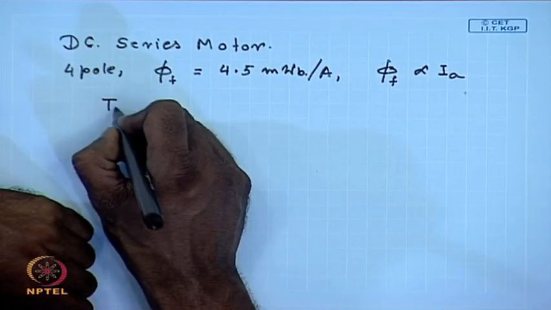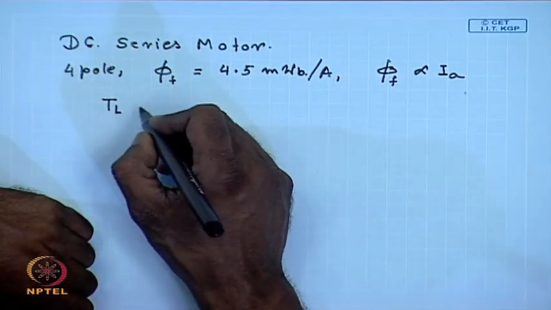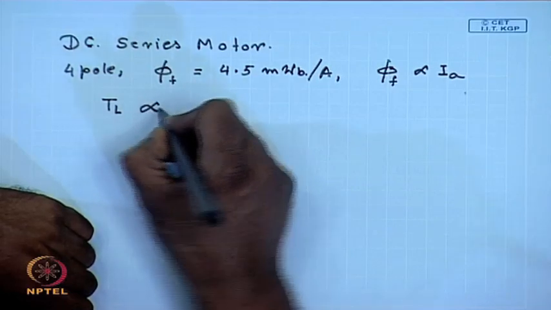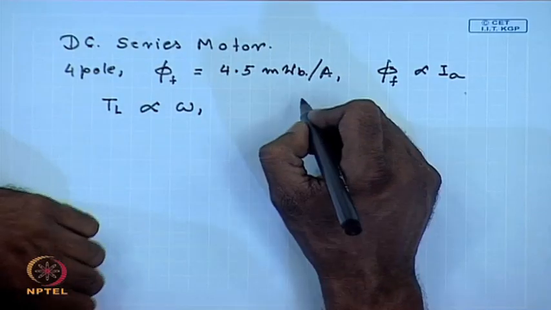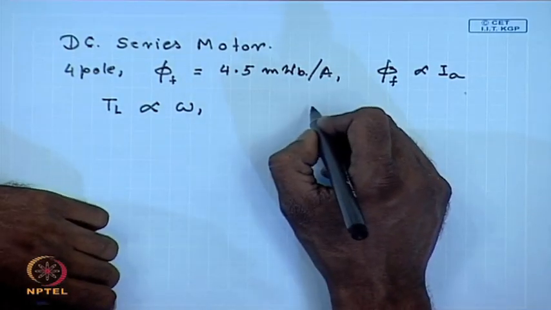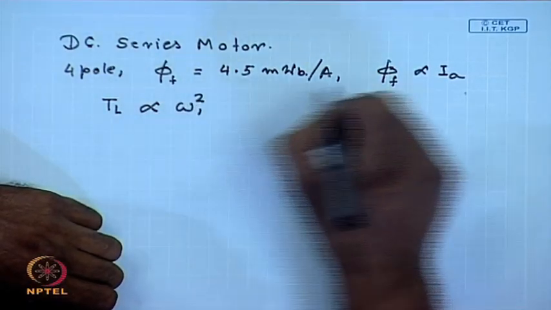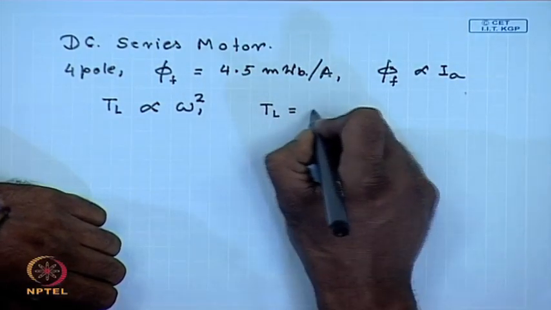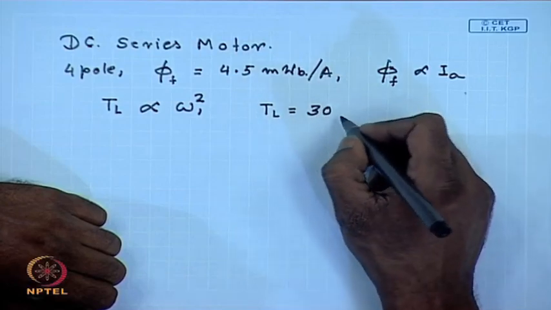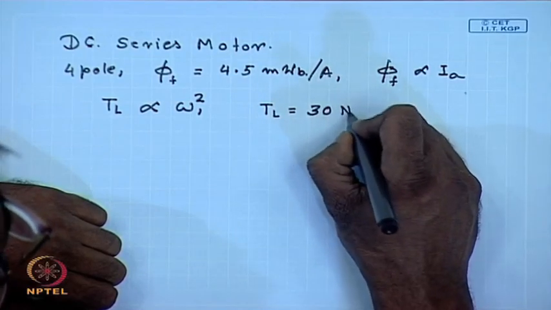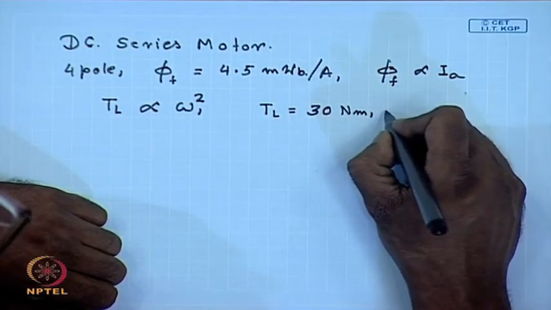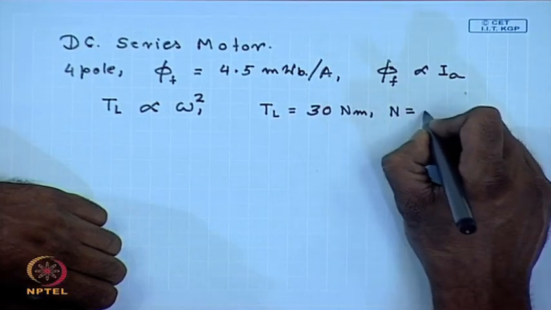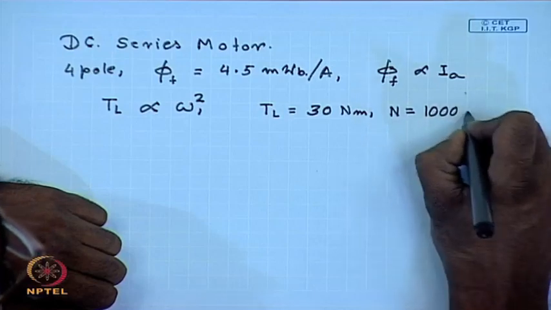The load torque T L is proportional to omega square, and T L equal to 30 Newton meter when n equal to 1000 RPM.